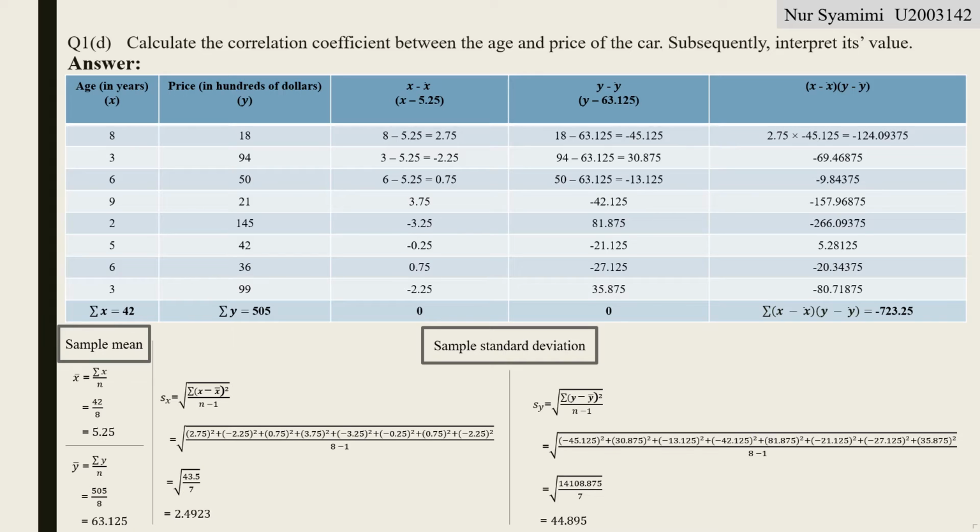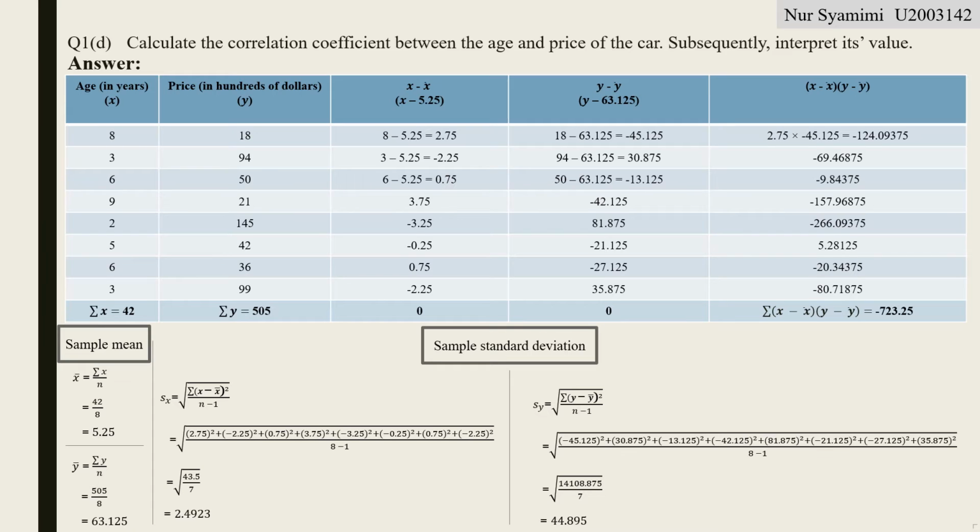So in column 4, for the first data, 18 minus 63.125 equals negative 45.125. For the second data, 94 minus 63.125 equals 30.875. For the rest of the data, we use the same way.